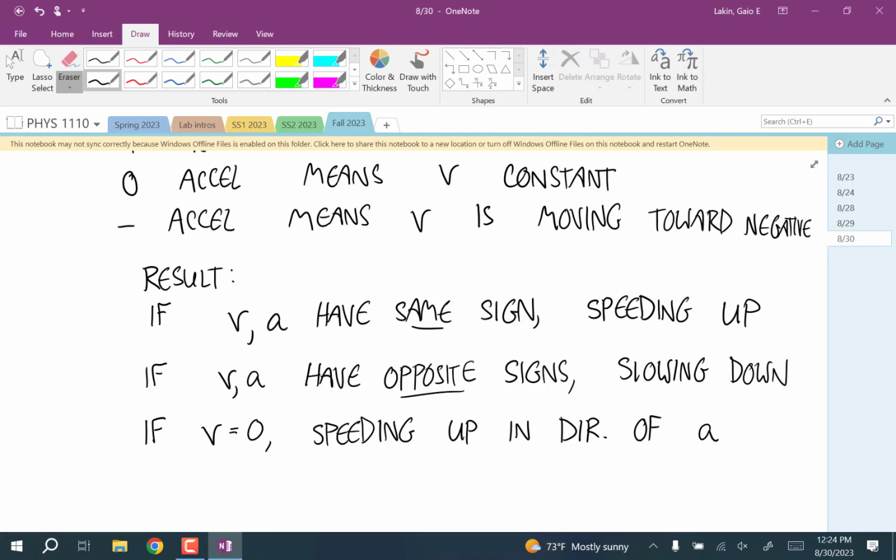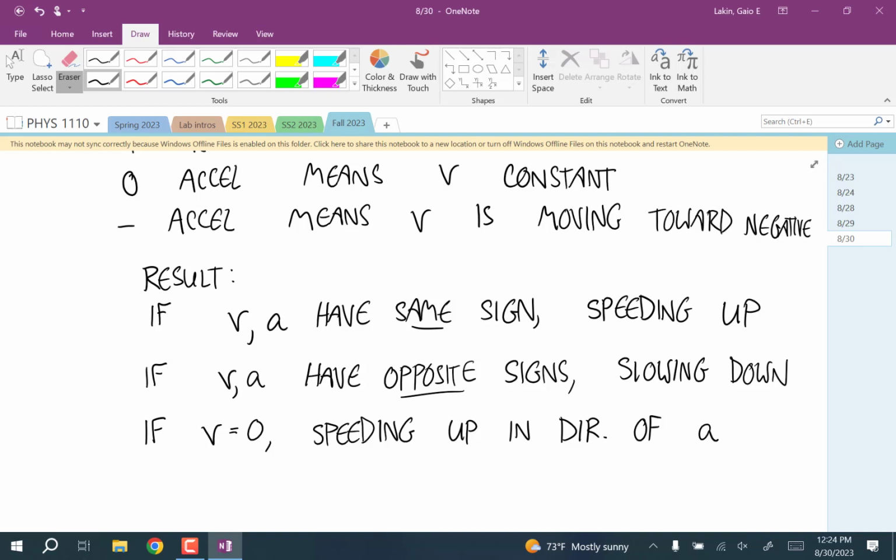It wouldn't really be a fair question, but if I asked everybody to guess: I tell you that acceleration can be positive, 0, or negative. What does it mean if the object's speeding up? You probably would guess that a positive acceleration is speeding up and a negative acceleration is slowing down.